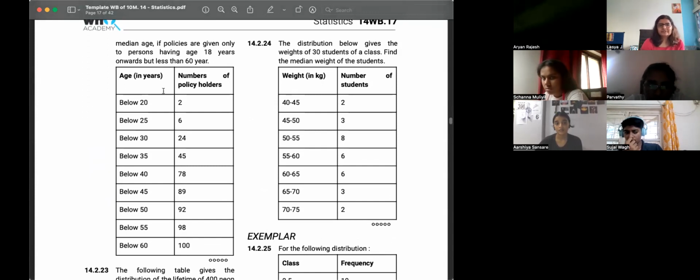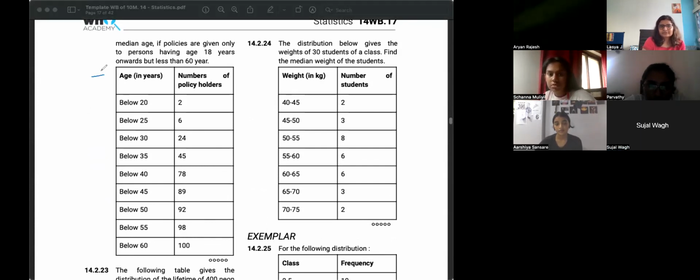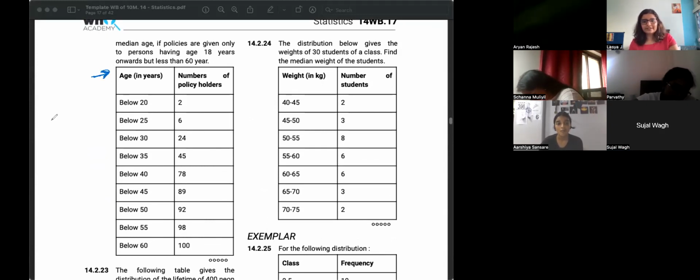So can you guys find the median if it is given like this? ये वाला table. Should I do it with you guys or do you want to give it a try first? Are you trying or should I do it? Parvati said she's trying. Sujal, what do you say? Can you do it as well?